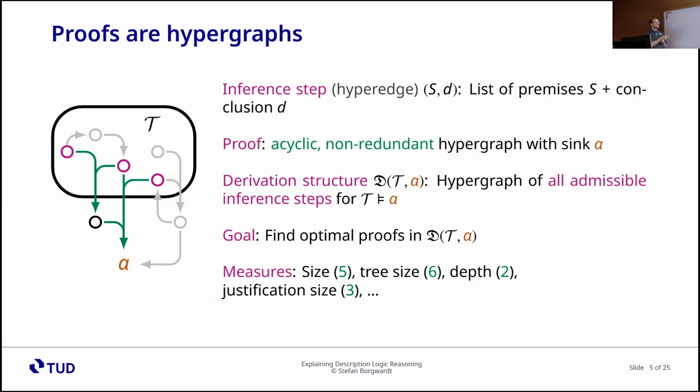So you would have to count this node twice, actually, if you want to show it, for example, in this Protégé plugin, then the tree size goes up to 6 in this example. Or we could look at the depth of the proof, which is 2 here. You have 2 steps from a leaf to the sink. And many different other measures, for example, also justification size that just counts what are the leaves of the proof, corresponding to the justifications in the T-box.